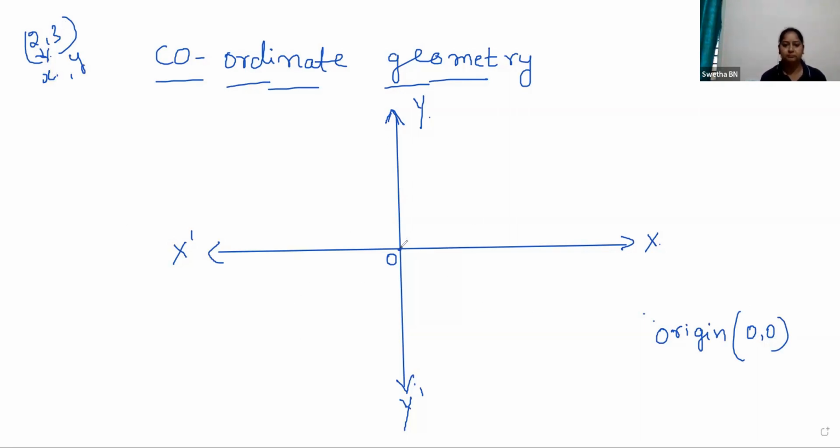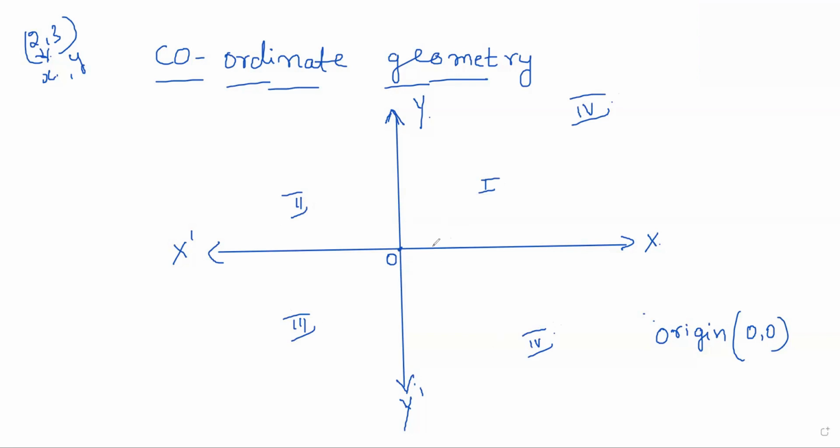So here, the x and y axes divide the plane into 4 quadrants. In that, this is the first quadrant, second quadrant, third, and fourth. And on the x-axis, we write positive numbers towards which side?